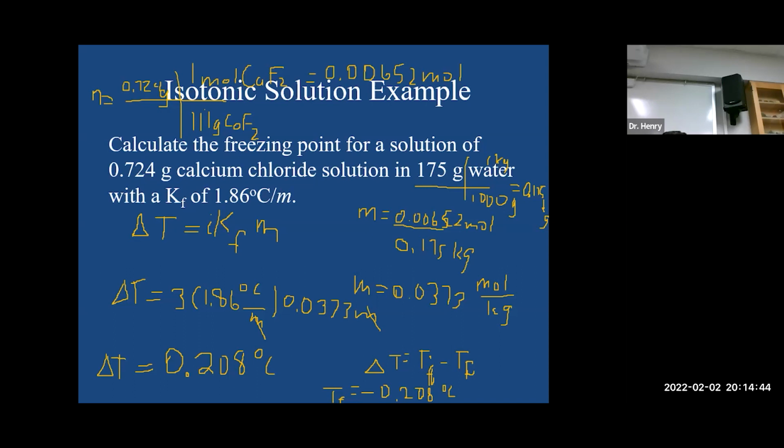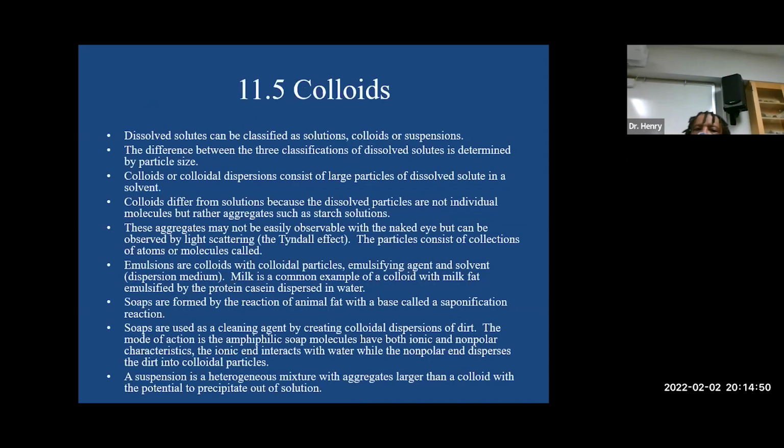Okay, questions? Okay, last slide for the goal. Last thing that we want to talk about: we've talked about solutions, and we also have colloids and suspensions. We classify a solution as something that has equal distribution of everything in it.